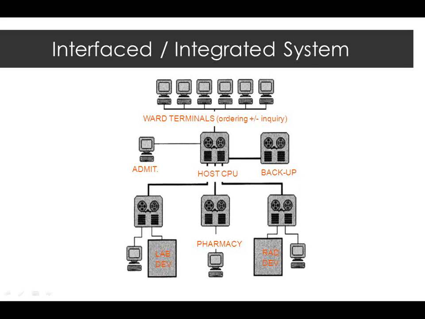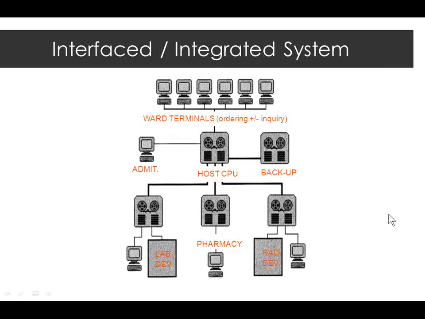So it's kind of interesting. It started out back in the 70s with centralized systems that hosted everything and did everything. And then we moved to more integrated systems, and now we're kind of moving back to centralized systems that host everything.